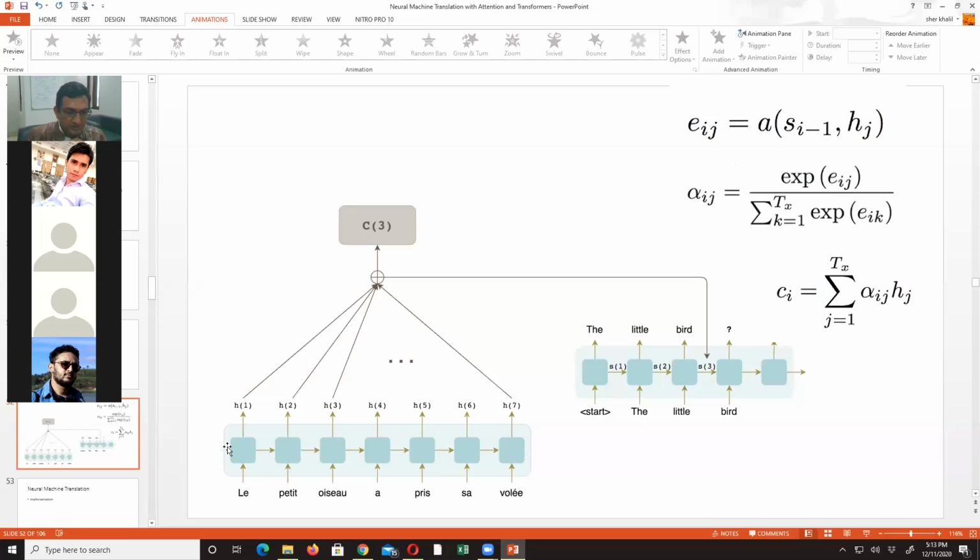So we say that this Eij is actually previous state and current input. You get all these three, estimate softmax and do that summation. So the C3 is nothing but the sum of all these multiplications.